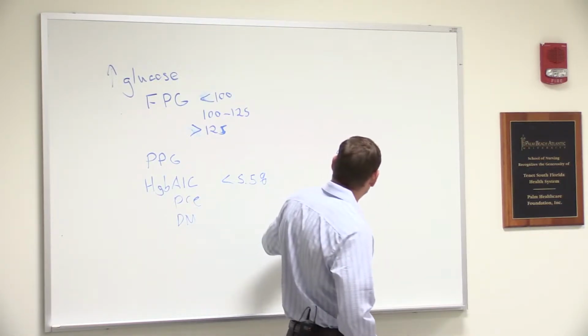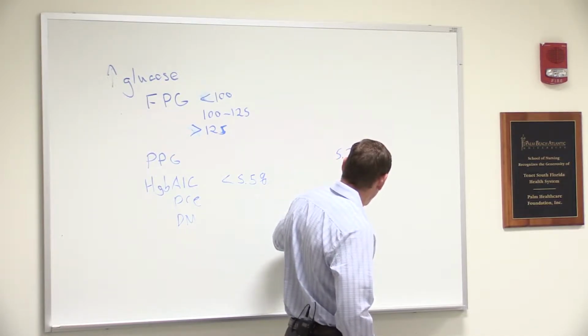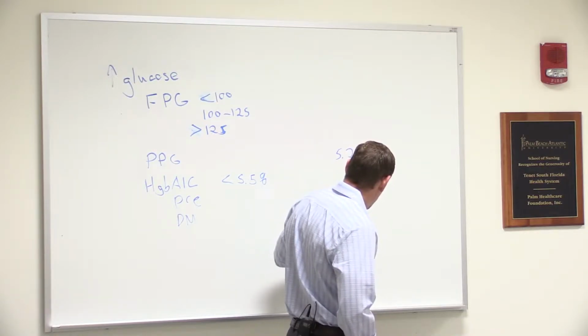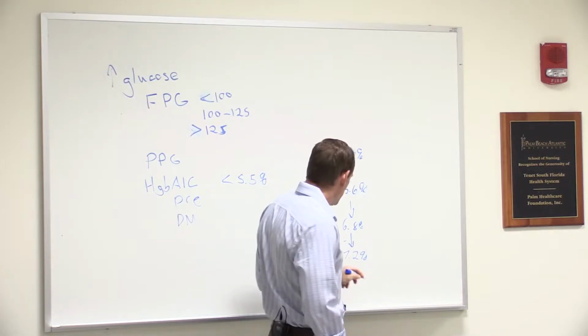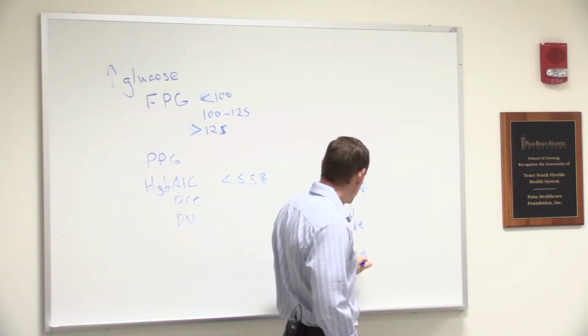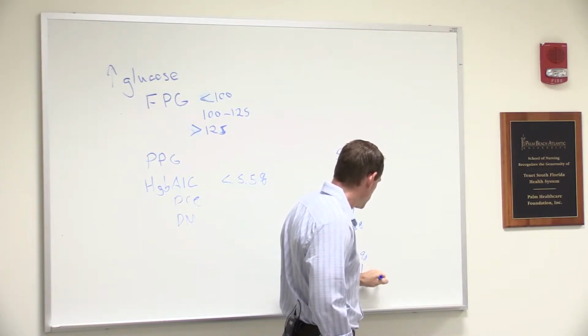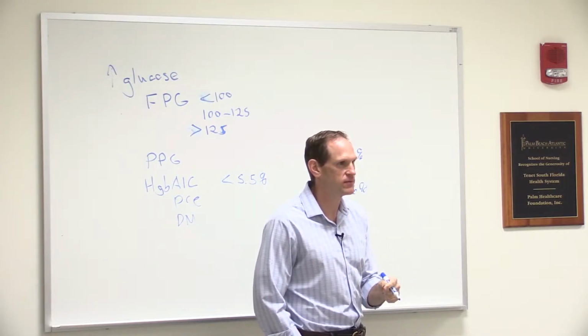Now, let's say that eventually, as things go up, you get 6.8%, 7.2%. Now, at 7.2%, are you controlled? No. But let's say with lots of work and drugs, eventually you get back down to 6.4%. What do you have? Controlled diabetes. Does that make sense?